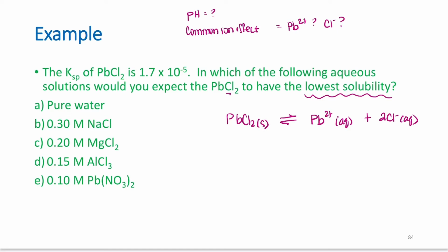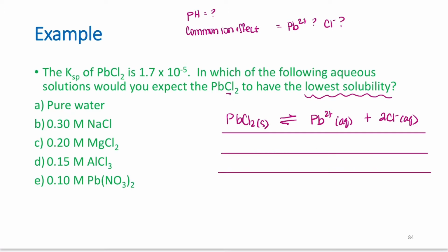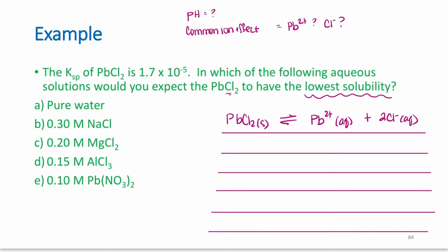And I'm going to look at each system here. So A, B, C, D, and E. A doesn't have anything.